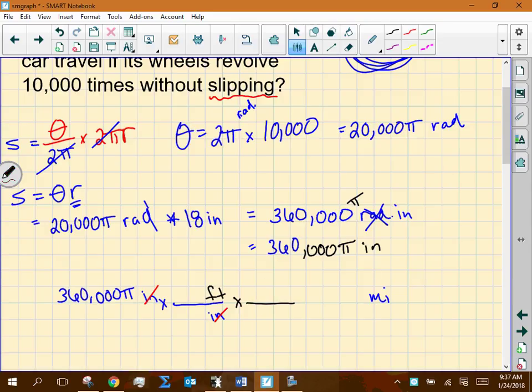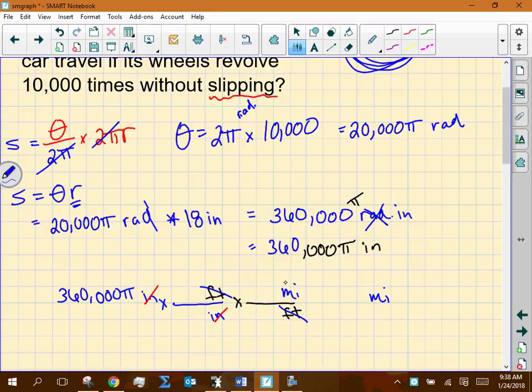So I'm going to put another rate, another conversion factor here. I'll put feet down there because I want feet to go away. Now, if feet are my units, do you have a direct link between feet and the unit you want to get to of miles? Yes. Okay. I always write my units out first because we said this yesterday. If our units are wrong, our answer is wrong, right?